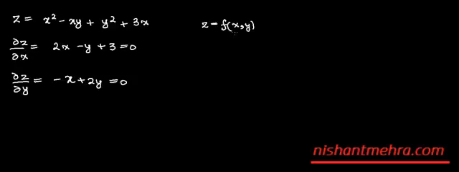Since this is in terms of x and y, you will calculate two partial derivatives in this case, one with respect to x, the other with respect to y, and you will put these equal to 0.